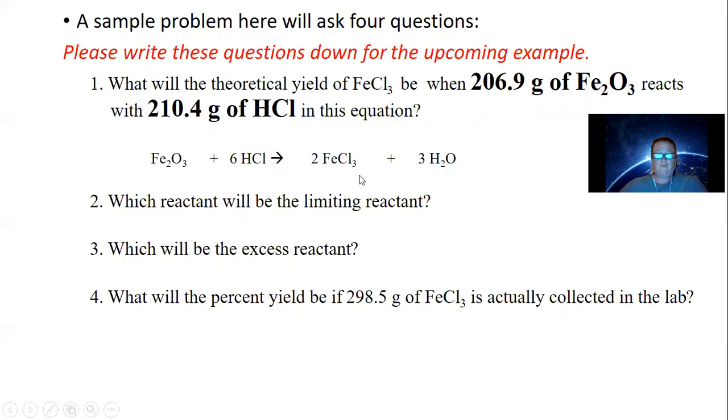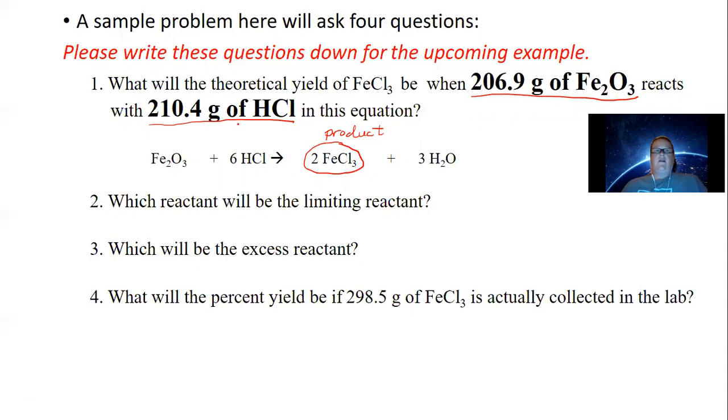We want to theoretically know how much of this iron 3 chloride product we could produce if we start with 206.9 grams of iron 3 oxide and 210 grams of hydrogen chloride, or hydrochloric acid.